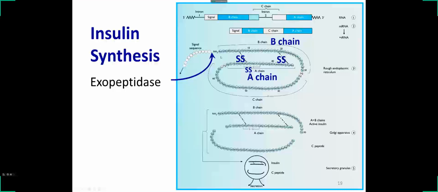We have the signal sequence, which gets cleaved by a signal peptidase located at the interface of the rough endoplasmic reticulum. And all of these allow for the correct folding and production for further processing.